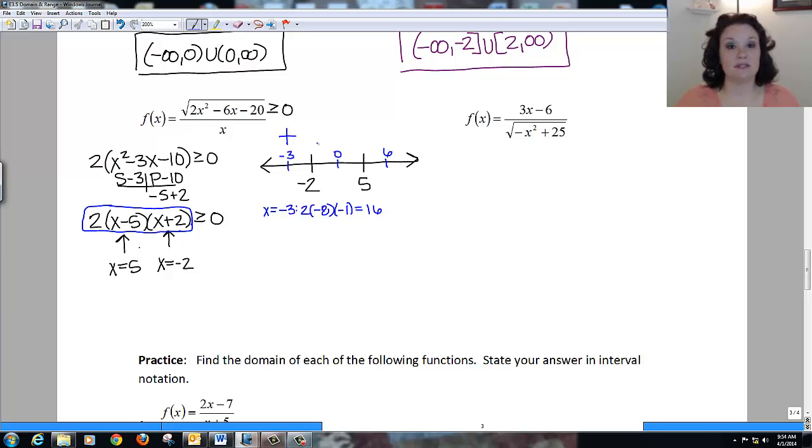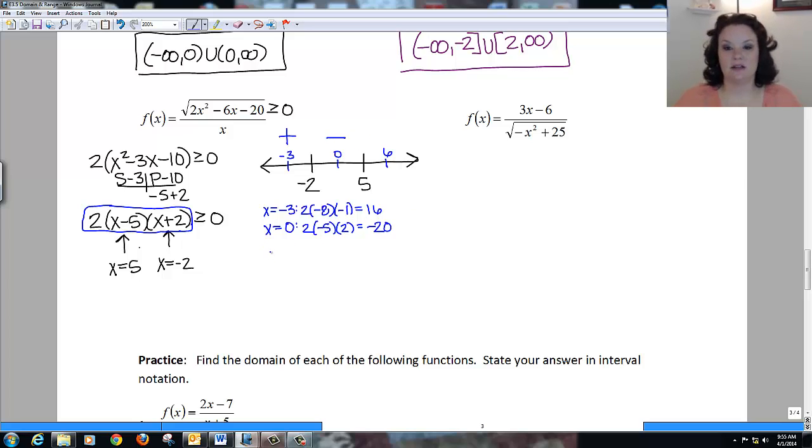So this first one's going to be a positive interval. When I plug in 0, I still have that constant 2 out front, my greatest common factor. 0 minus 5 is -5. 0 plus 2 is 2. Again, if I multiply these together, 2 times -5 is -10, times 2 is -20. So this is a negative interval.